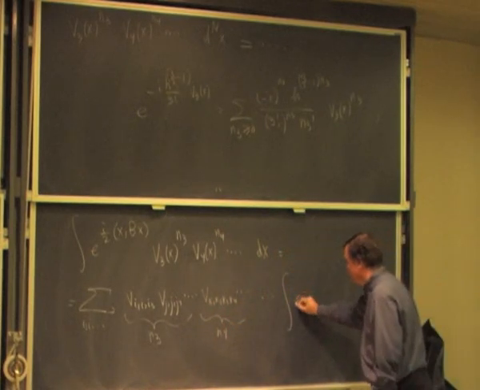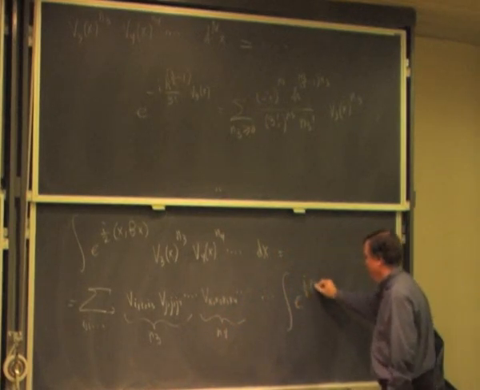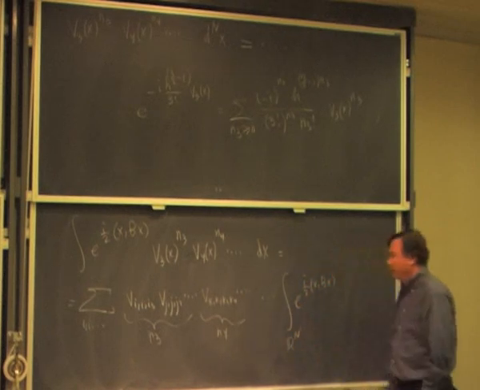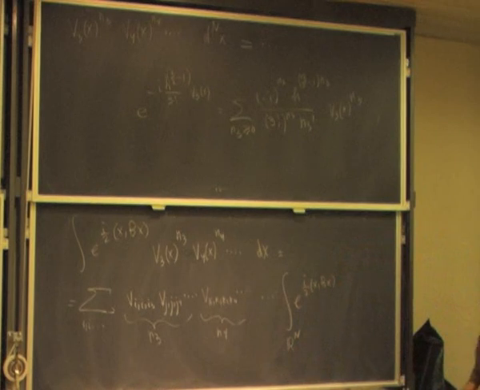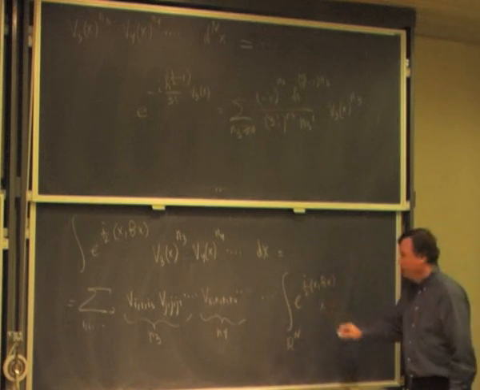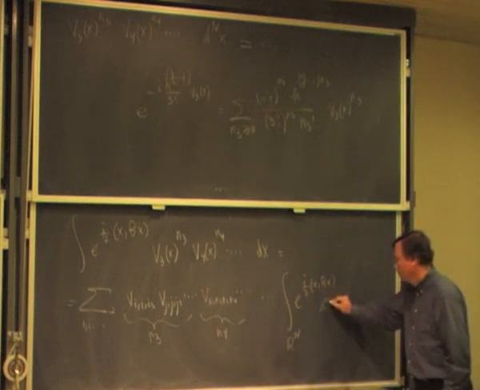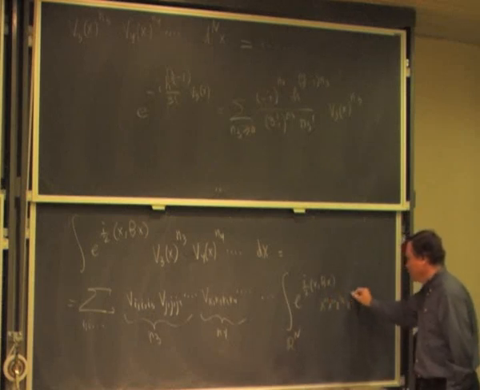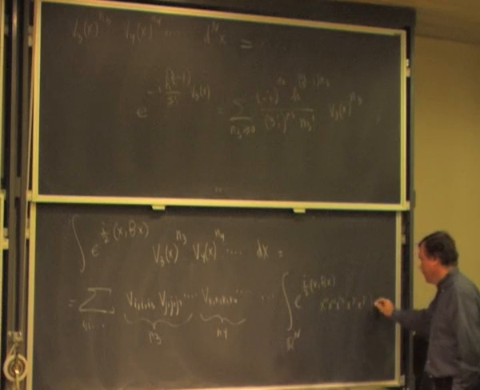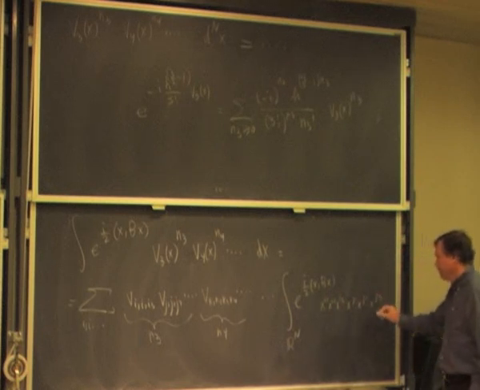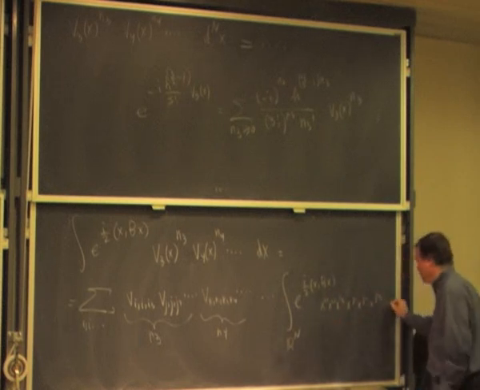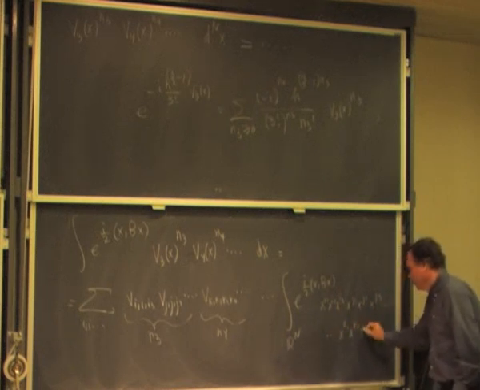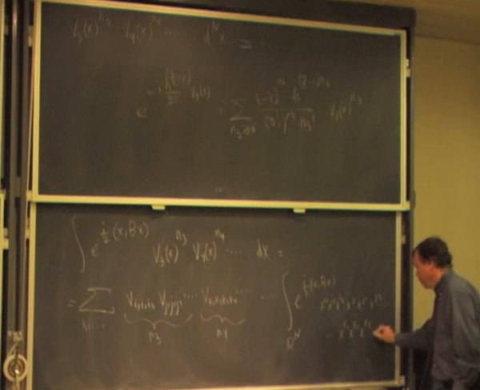And then there is the integral, regularized integral again, and then you have the product of corresponding monomials in x: x^k1, x^k2, x^k3, x^k4.